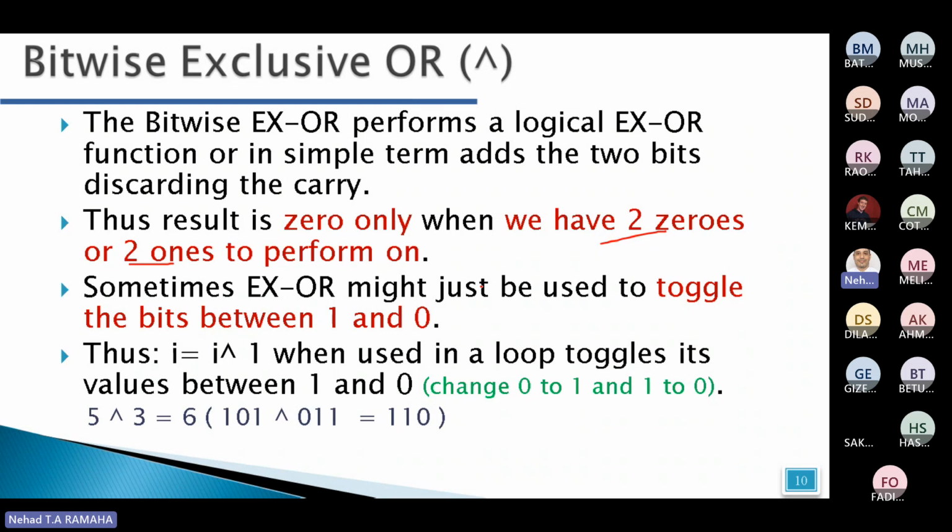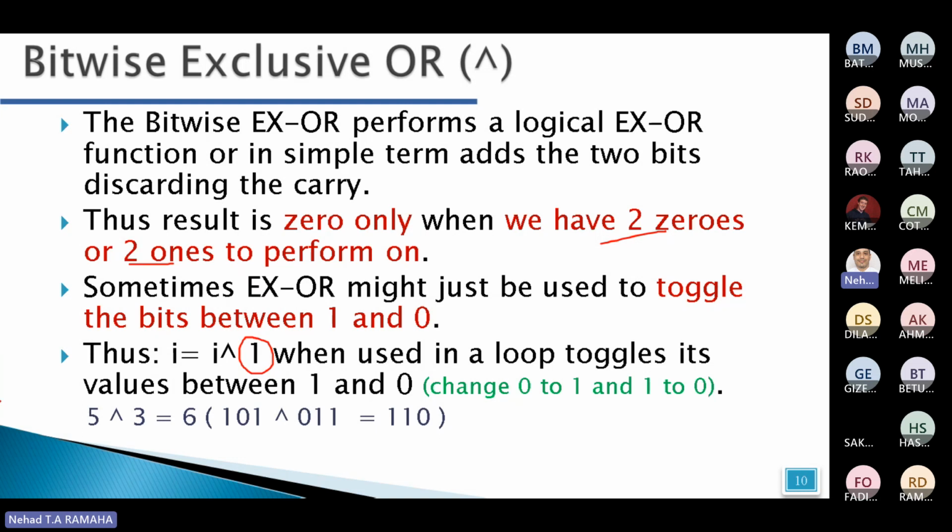What does this mean? It means we want to flip, making 0 into 1 and 1 into 0. So if you have a number and you want to convert each 0 to 1 and each 1 to 0, you just XOR with 1. Any digit you XOR with 1 will be flipped. If it's 0, it becomes 1. If it's 1, it becomes 0.